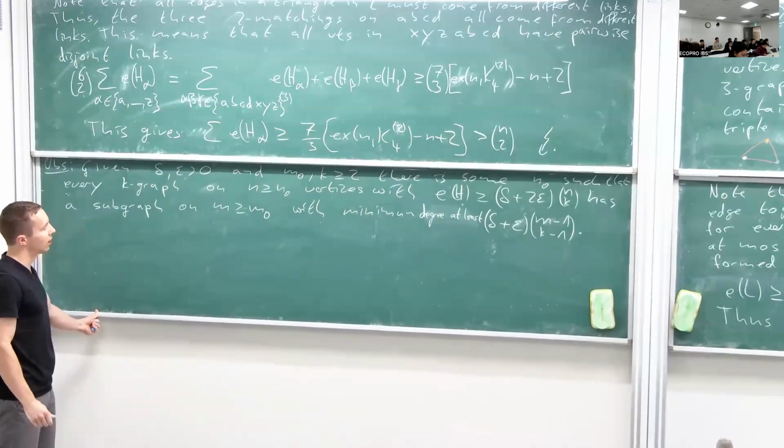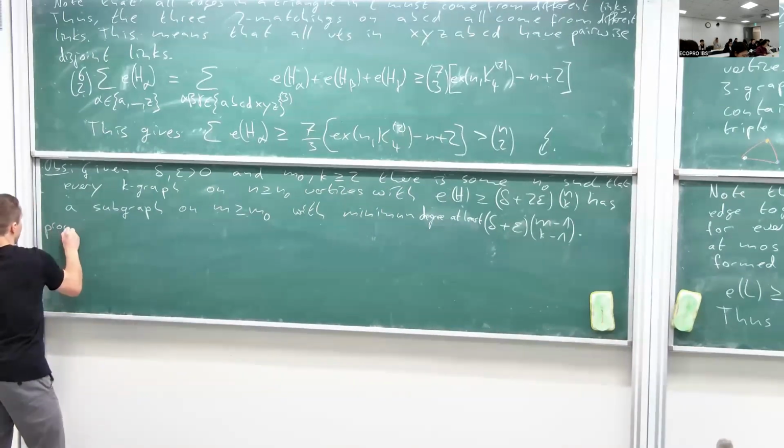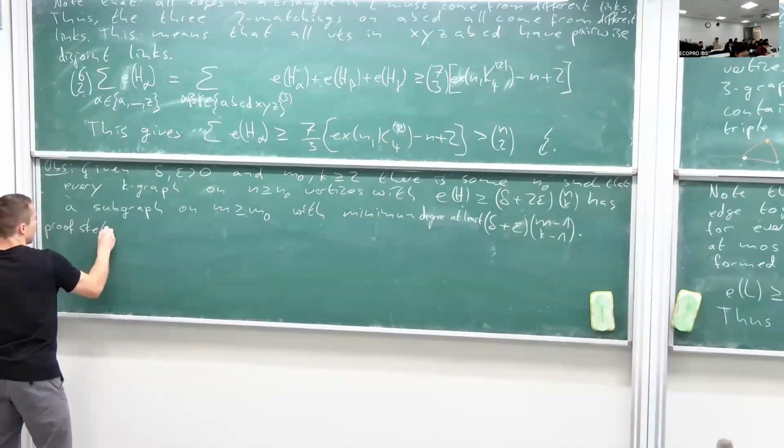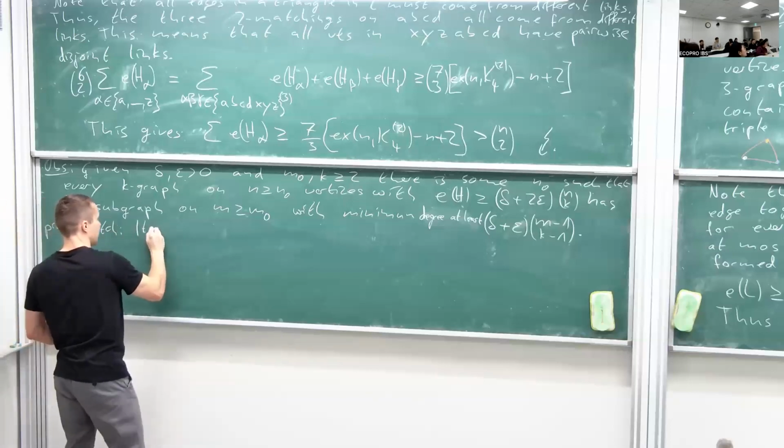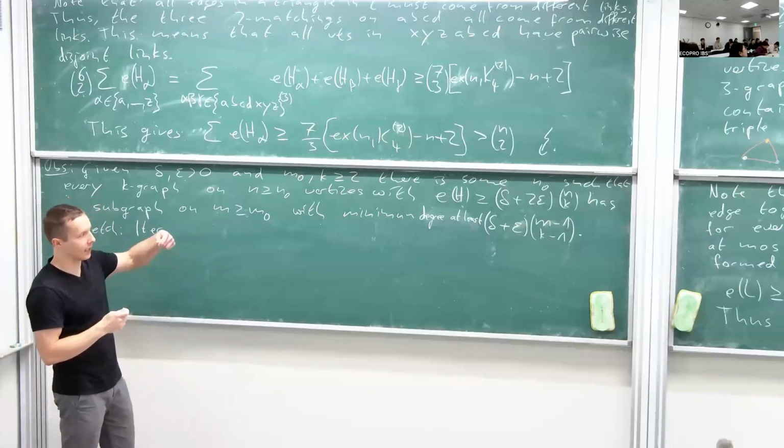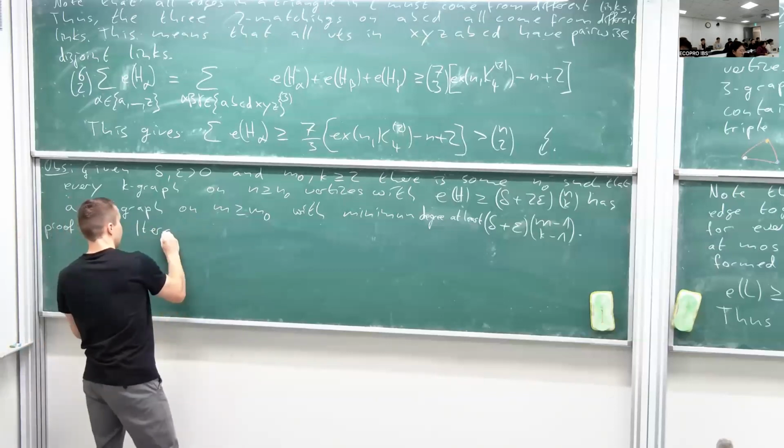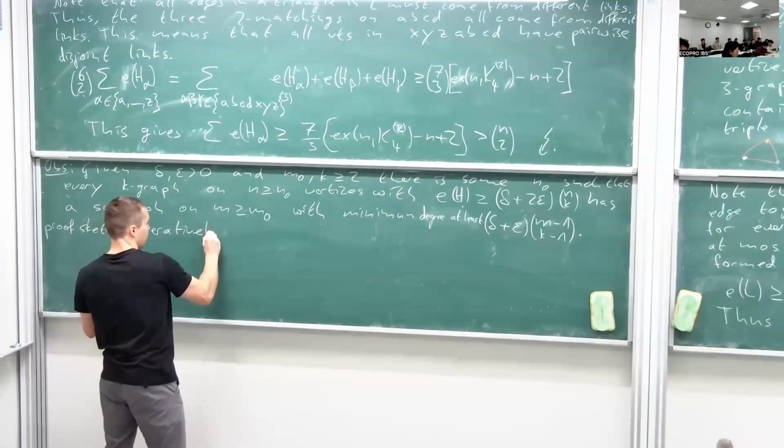So let's just say the proof sketch. Let's just iteratively remove vertices which have too small degree.